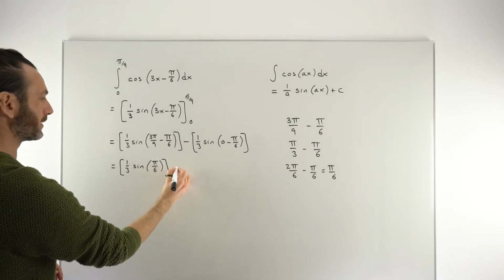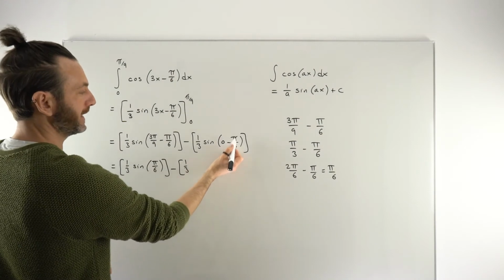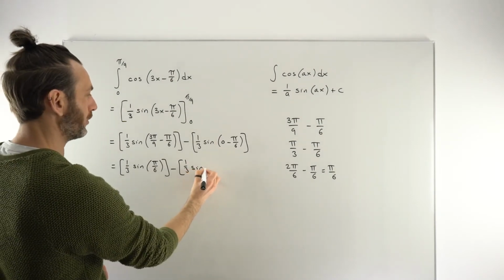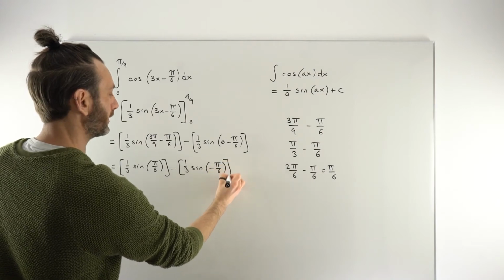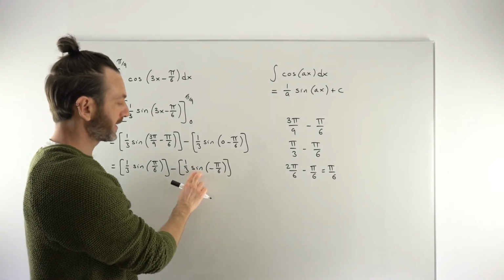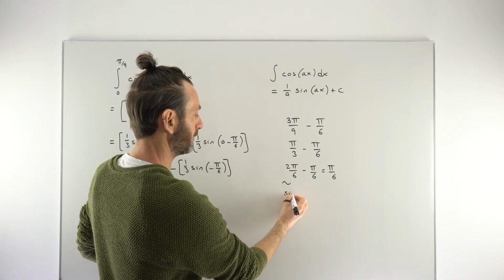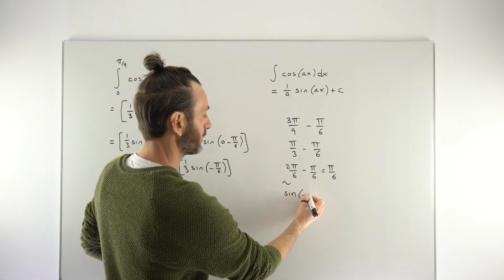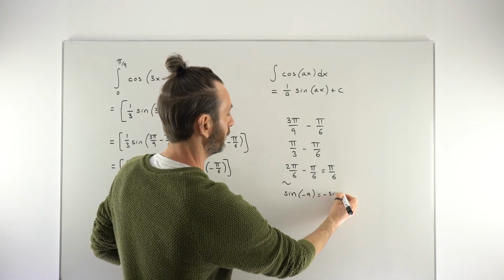Okay, like this. And we'll do a similar thing with the second bracket, a little bit easier. So we've got 0 minus pi by 6, so that's going to be the sine of negative pi by 6. Okay, like this. So there's a rule that says if you've got the sine of a negative value, for example if you had the sine of minus some value a, that is equal to minus the sine of a.